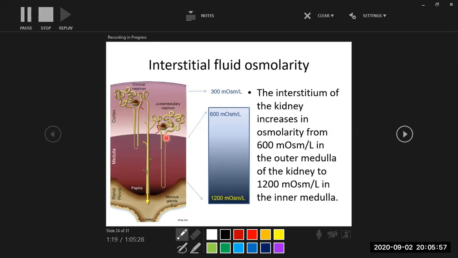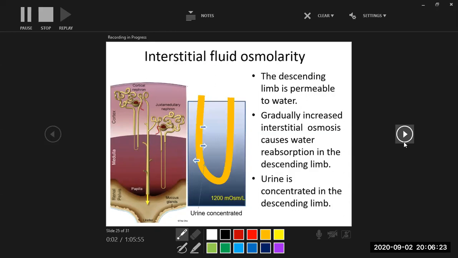In this loop of Henle, you need to know that the descending limb is permeable to water, and that will make the urine highly concentrated, as the concentration in the interstitial environment in the medulla is about 1200 milliosmol. The descending limb is permeable to water, the ascending limb is not.